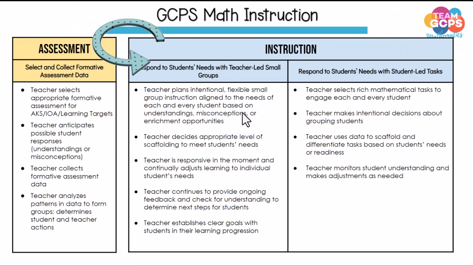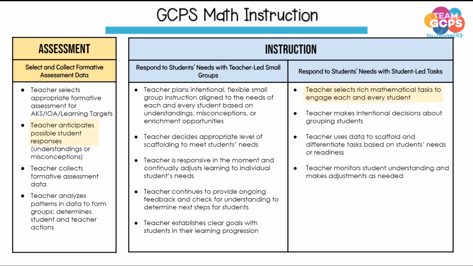In a task-based lesson, we move back and forth between assessment and instruction. Once you have selected the rich mathematical task based on learning goals, and before implementation in the classroom, you will want to complete the task yourself and anticipate possible student responses.